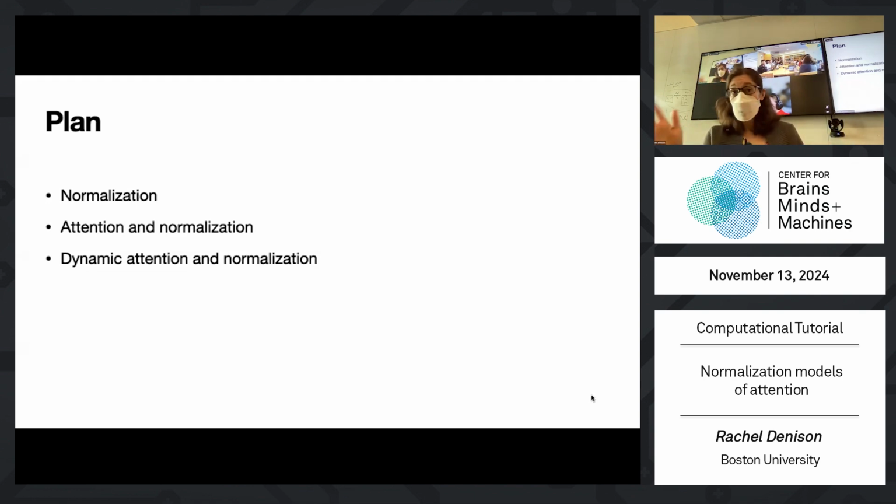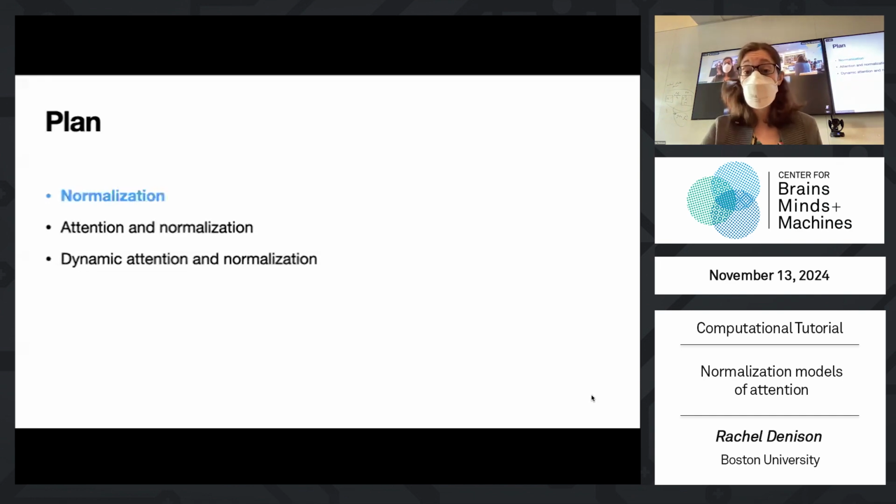We can go on detours or tangents as makes sense and have some discussion along the way while people are playing with the models. This can be pretty informal, so feel free to jump in and ask questions and let me know what you're more interested to focus on. We'll see how much we get through these exercises, and if we don't make it through all of them, that's completely fine.